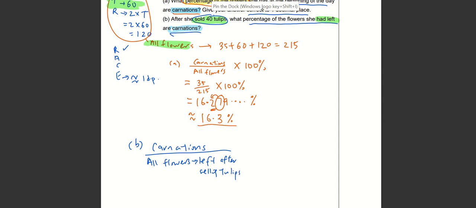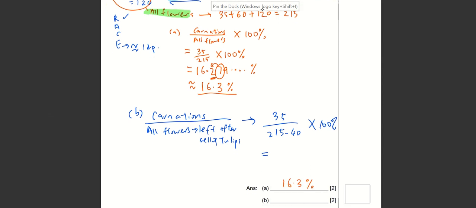Sold tulips. So in other words, I'm looking at still 35. Then the total, instead of 215, I have 40 tulips sold. So 35 out of 175 times 100%. Okay, I can use my calculator to check this.